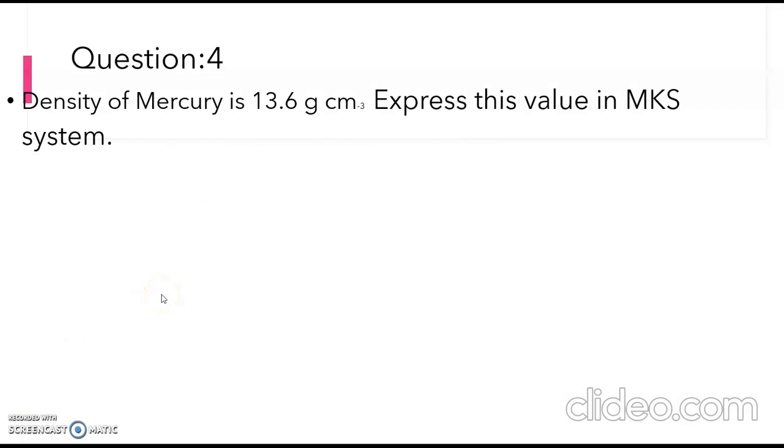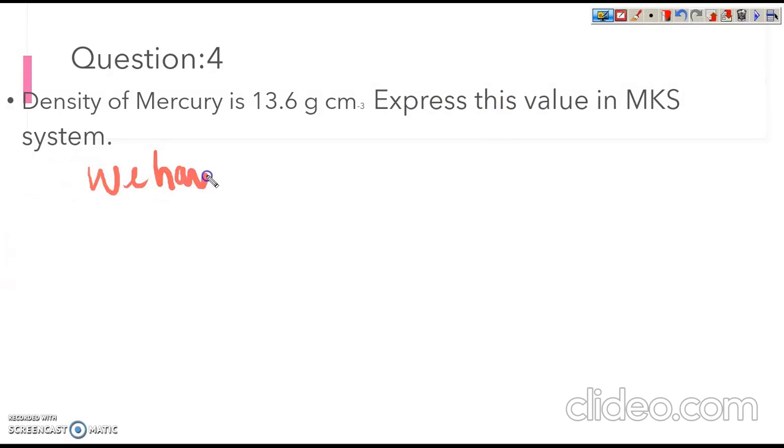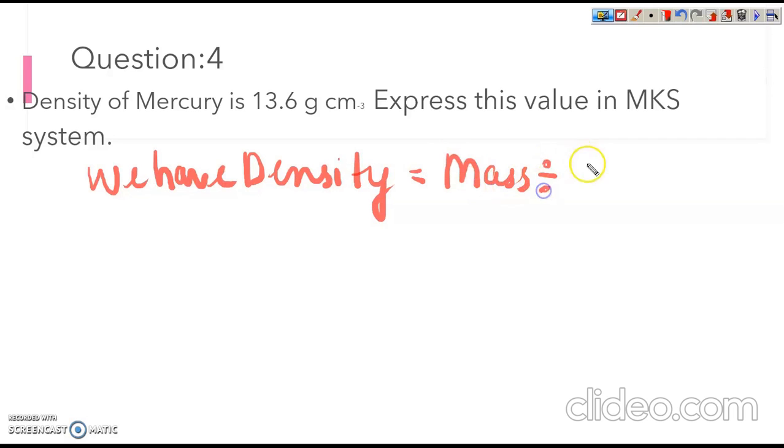Density of mercury is 13.6 grams per centimeter cube. Express this value in MKS system. Now let's see how to solve this. First we have density, which is mass divided by volume.